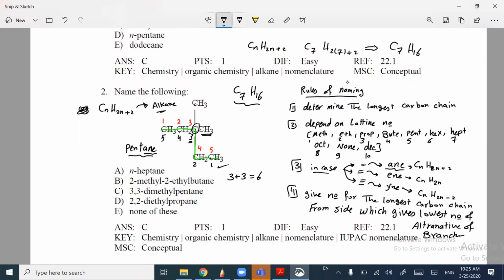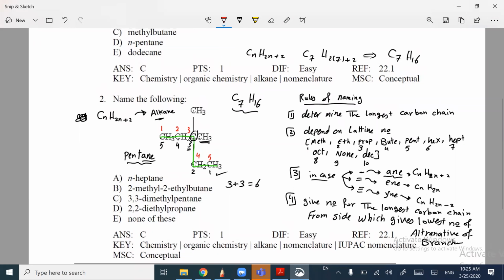If we number from the other direction, we'll find the branch on carbon atom number 3, and another on carbon atom number 3, so it will be 6. So numbering from this side or from this side is not a problem since they give the same number.